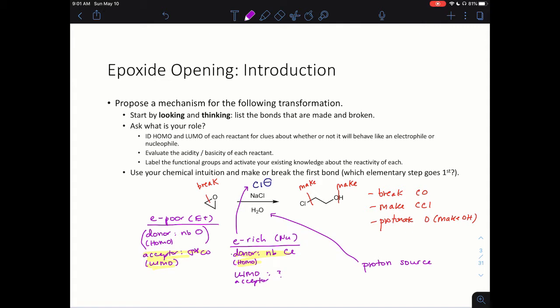It's going to act with its donor, and it's going to donate to the acceptor of the electrophile. So the epoxide here is the electron poor species. It's going to react through sigma star CO. And this is really good news. You may not realize it, but when we make the carbon-chlorine bond, oops, that's going to break the carbon-oxygen bond, right? When you fill sigma star, it breaks the sigma.